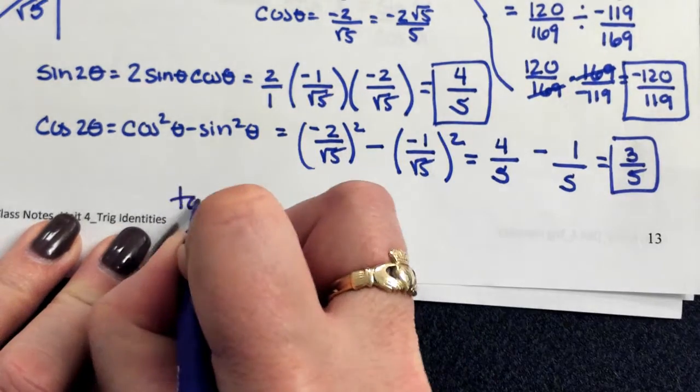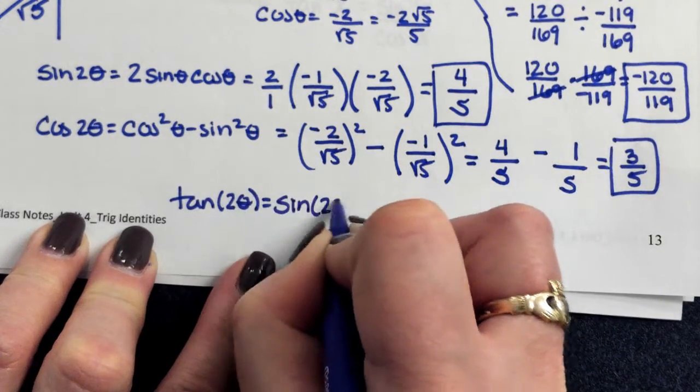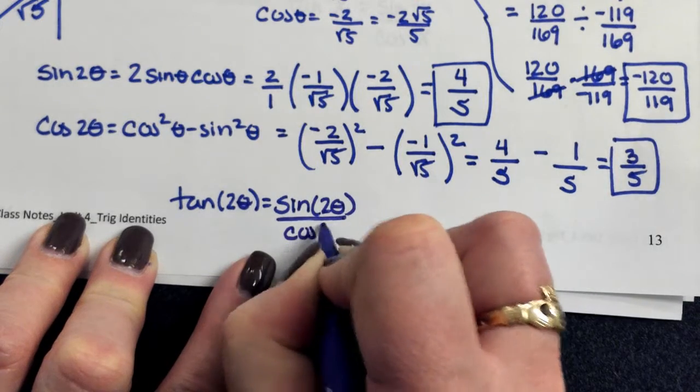You guys go ahead now and tell me what the tangent of 2 theta is going to be. Again, remember, that's just taking your sine of 2 theta and dividing it by the cosine of 2 theta.